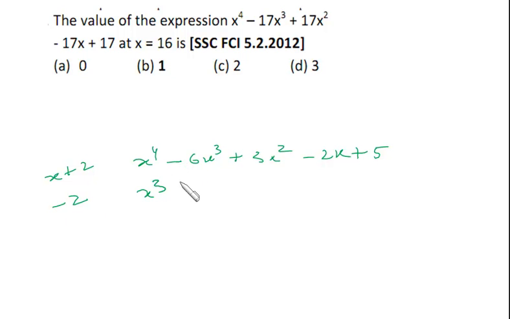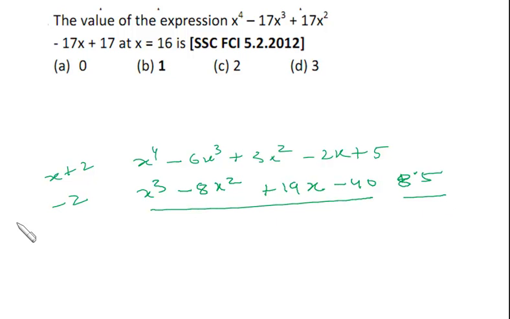Minus 2, minus 6, minus 8. Minus 8 into minus 2, 16 plus 3, 19. Minus 38 minus 2, minus 40. 40 into 2, 80 plus 5, 85. So this is the quotient and this is the remainder.